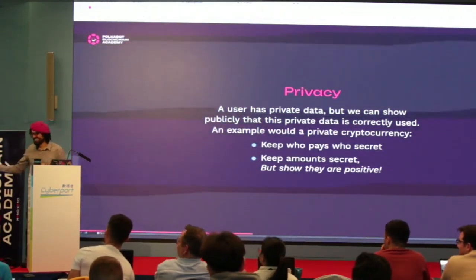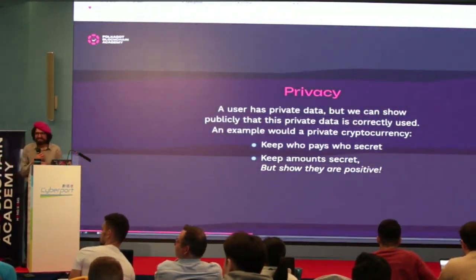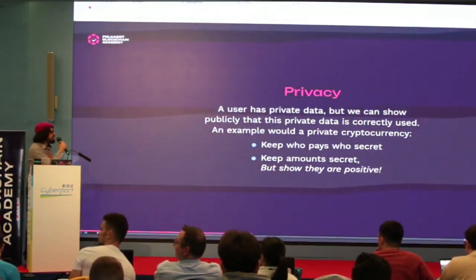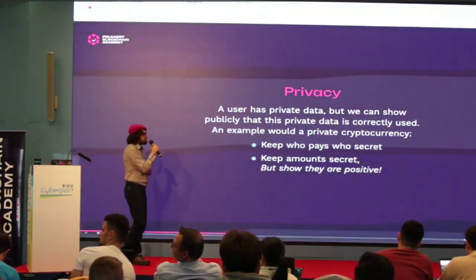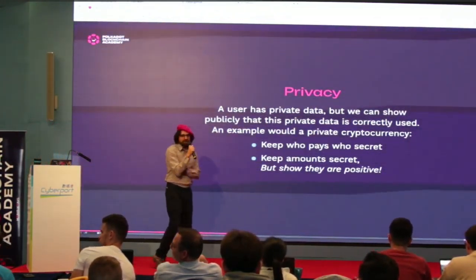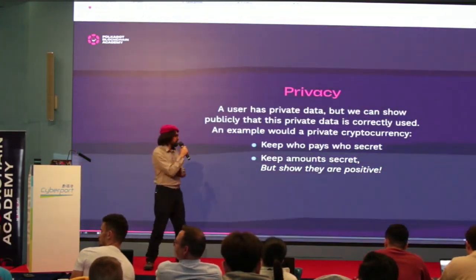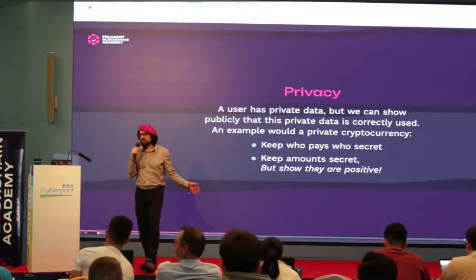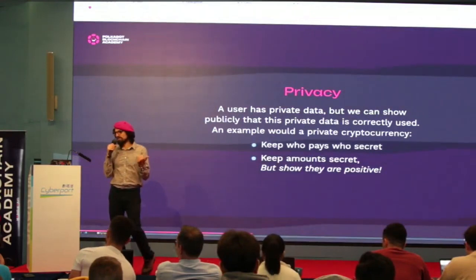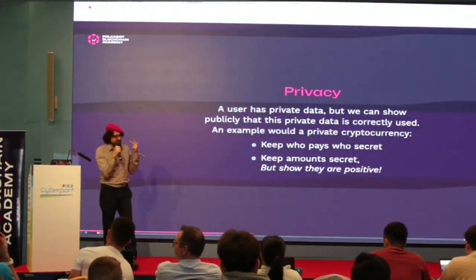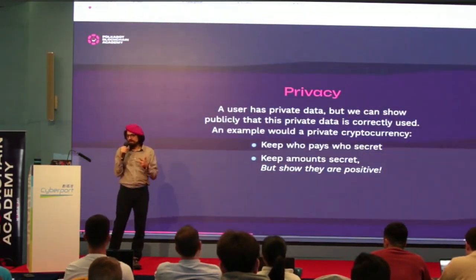But can you please re-explain the example of the privacy you gave, that the algorithm is private? So I want to make a transaction, and I have some account that has some money in it. I want to give it to somebody else. I don't want to tell how much money is in the account. I don't want to say how much I'm paying, and I don't want to say who I am paying to.